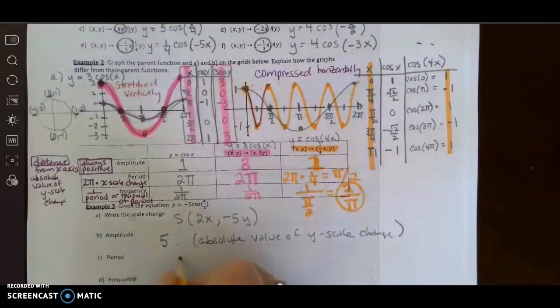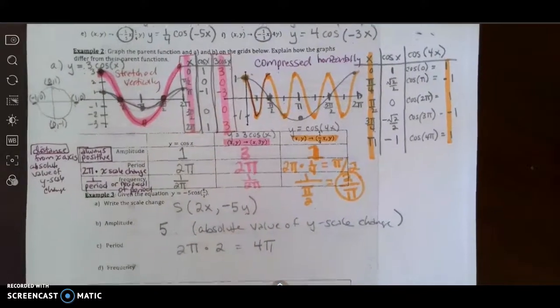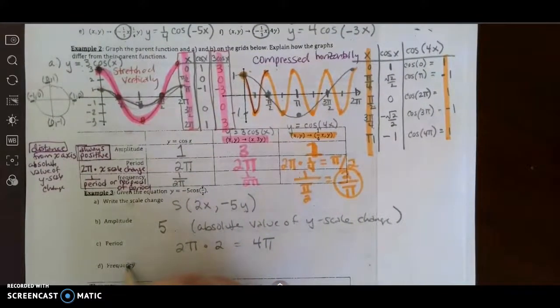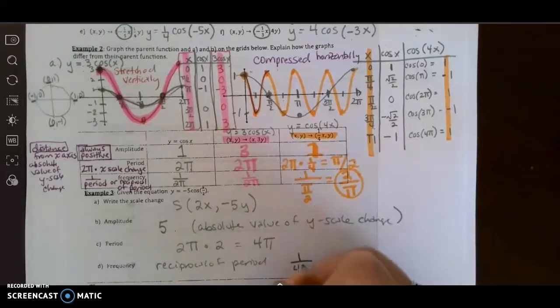The period is 2 pi times the x scale change, which is 2, so that's 4 pi. And the frequency is the reciprocal of the period. So it's 1 over 4 pi.